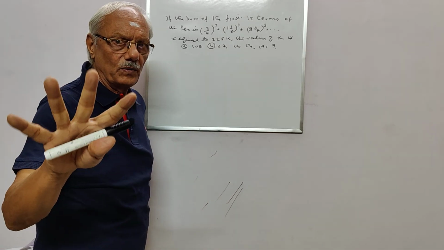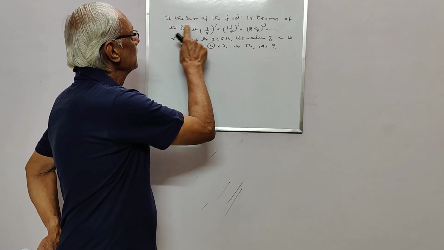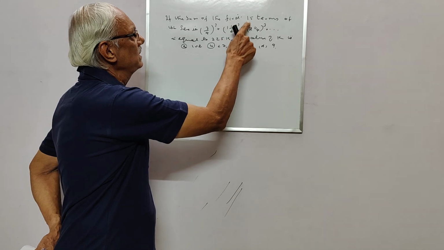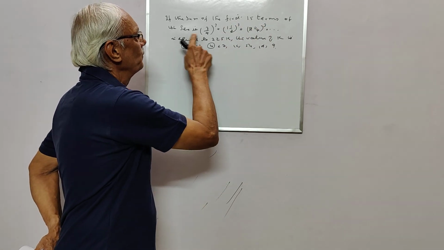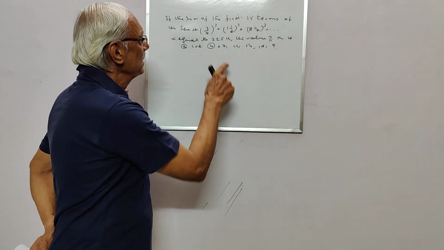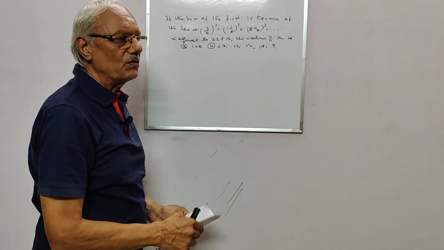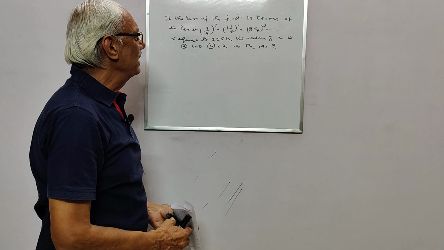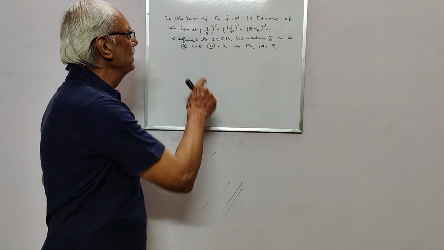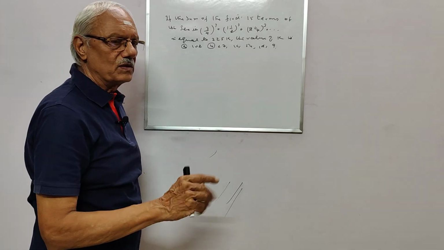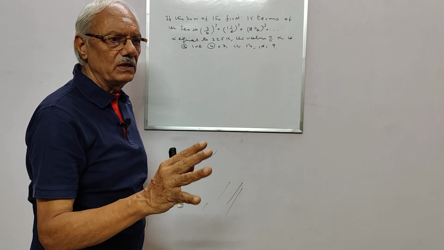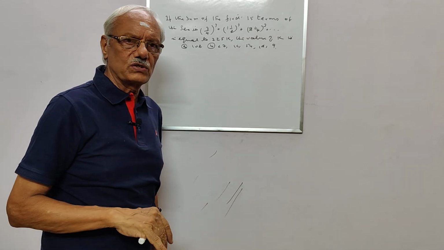This is a JEE problem. If the sum of the first 15 terms of this particular series is equal to 225k, then I have to find the value of k, and 4 choices are given, among which you have to choose the one.